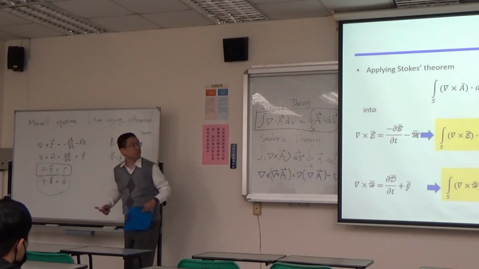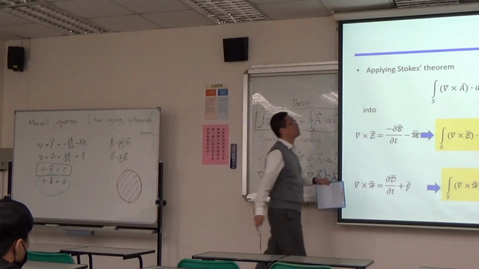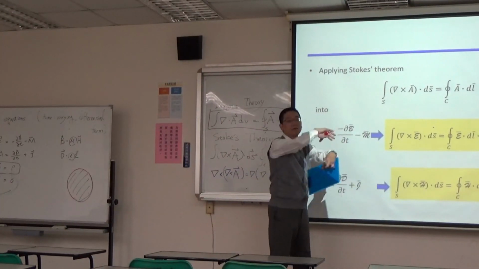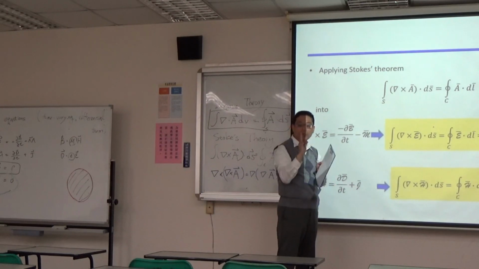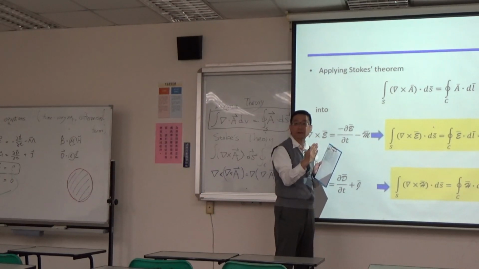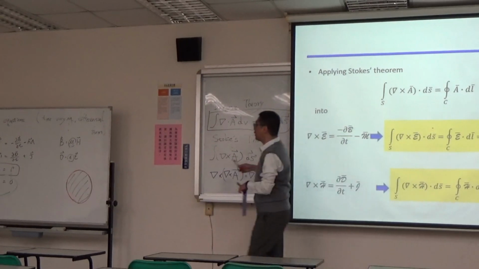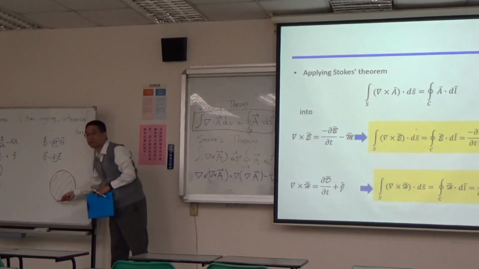Okay? For this part, this is for one surface, only one surface. It's not a closed surface. It's just only a piece of surface. And the result will become a closed line integral, the red one.